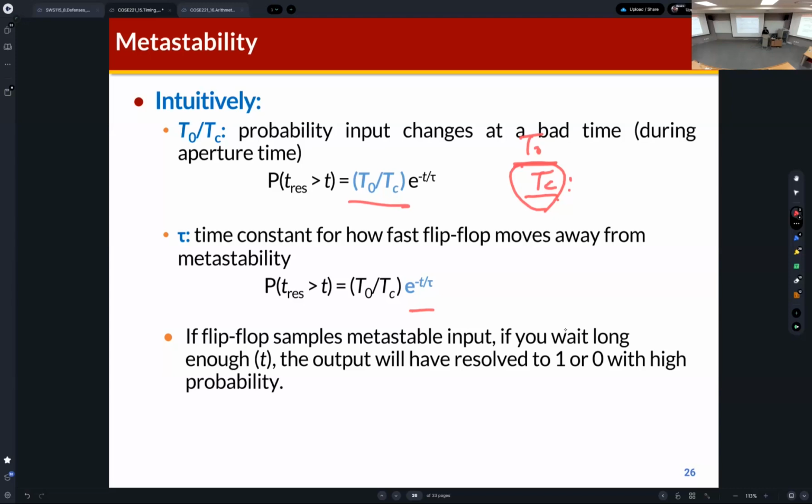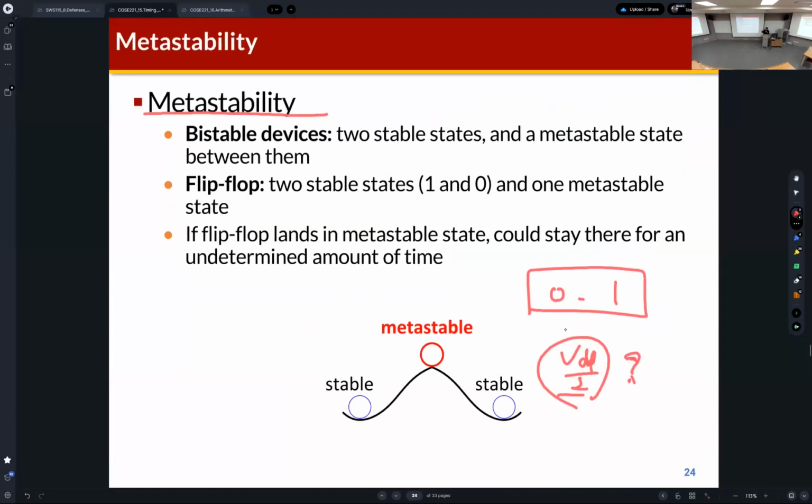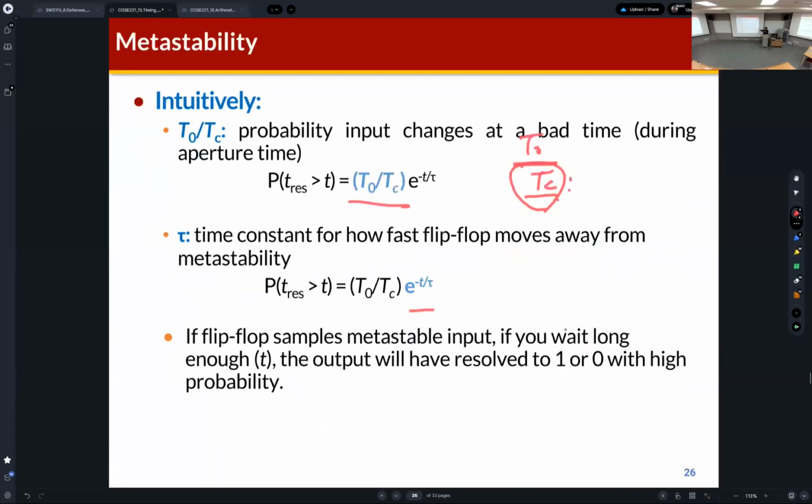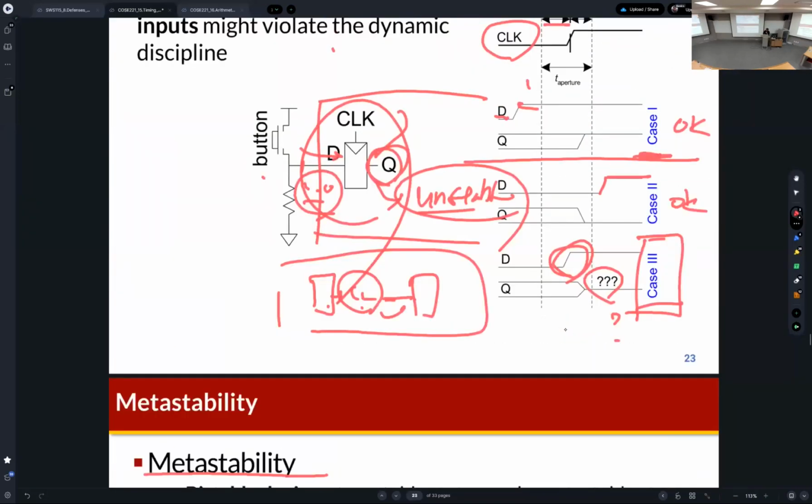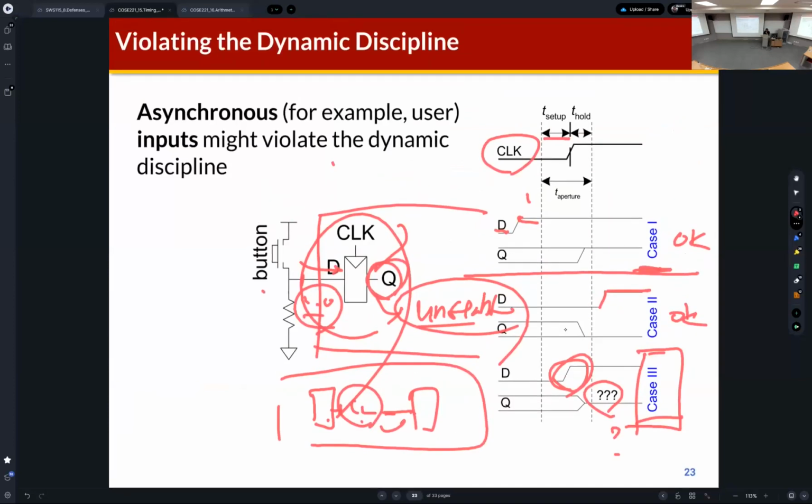So we can say that this is the probability. For the input, the users can push the button, but they push it randomly, at random timing. If we can avoid this case 3, which means that if the user pushes the button outside of the setup time or hold time period, then it's okay and the system will work properly.